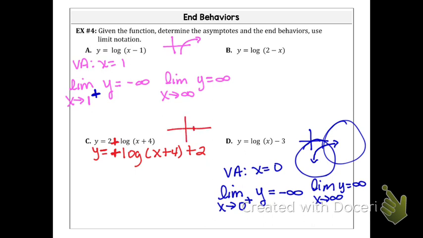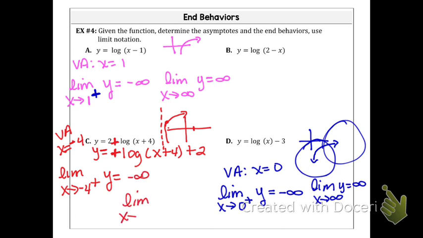So if I move to the left 4 and up 2, my graph's going to look something like this, where I have that asymptote at x equals negative 4. So the limit as x approaches negative 4 from the right side, because we're coming in from the right, y is going to be going down to negative infinity. And then the limit as x approaches infinity, y is going to keep going up on this side, so it goes up to infinity.